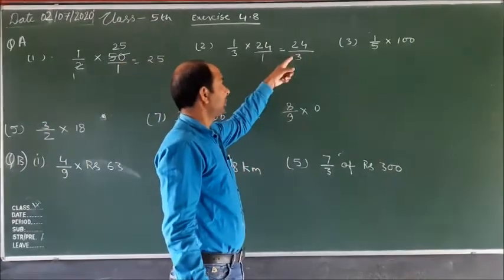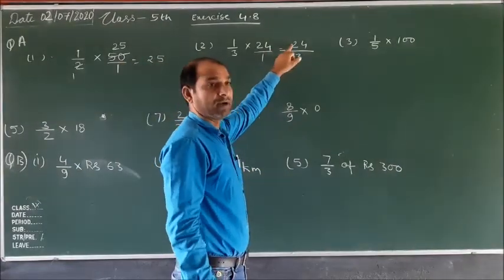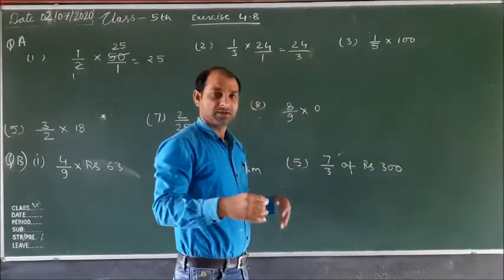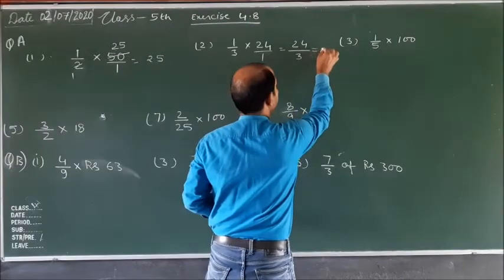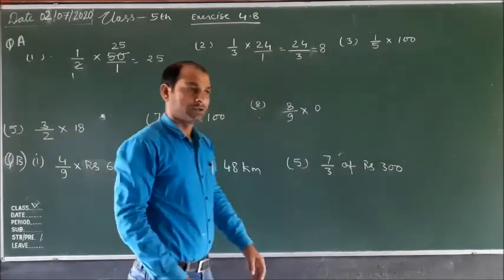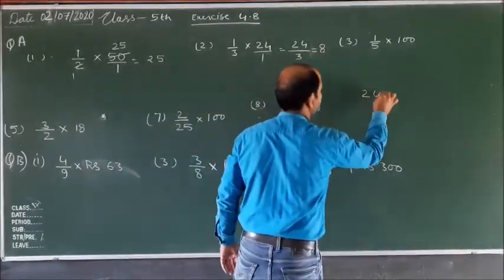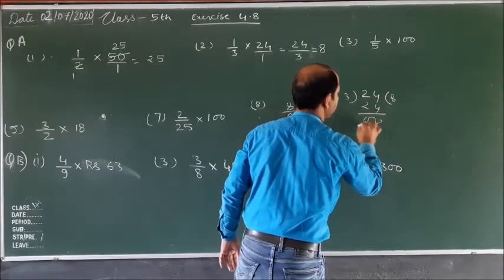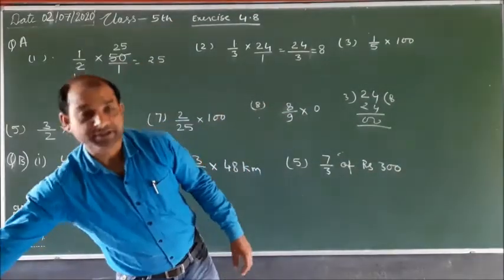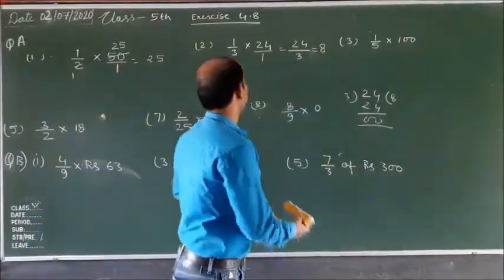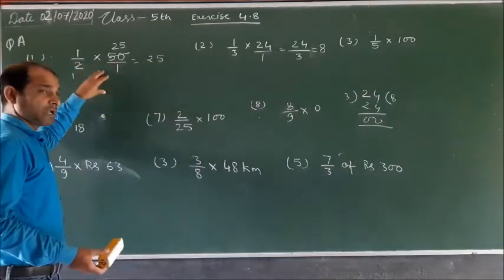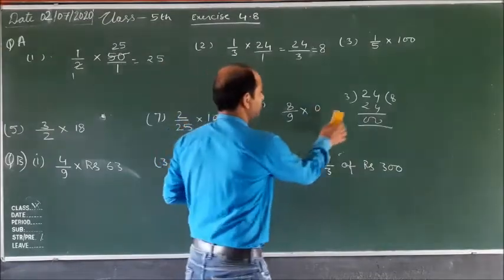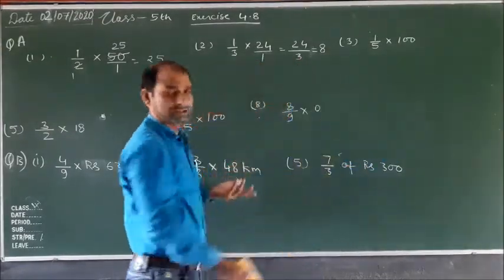Now 24 upon 3 is 24 divided by 3. 3 eights are 24. Your answer is 8. You can divide and check. So you can do this type and you can do this type also. You can do either type, whichever you like.